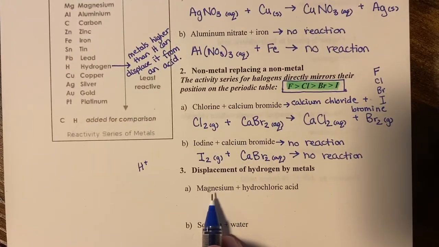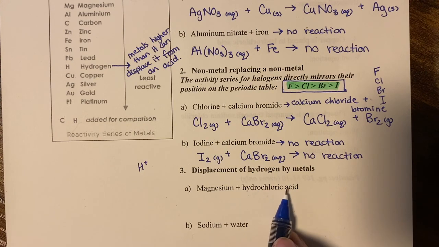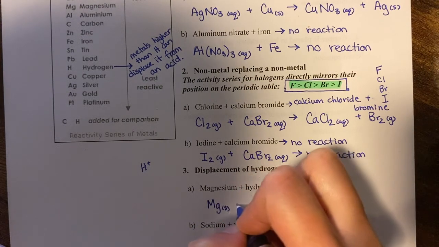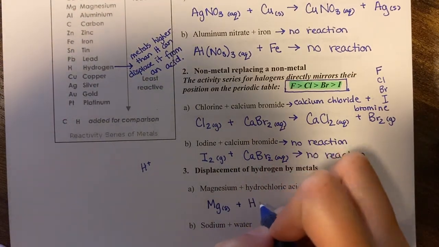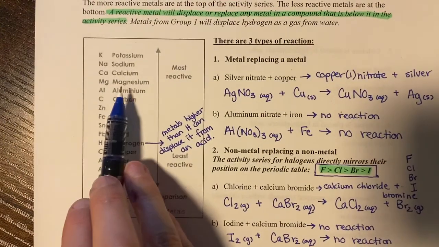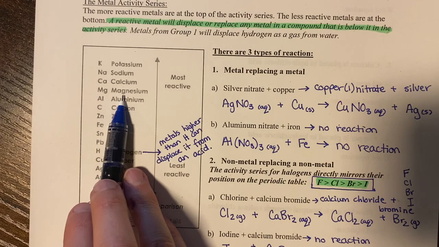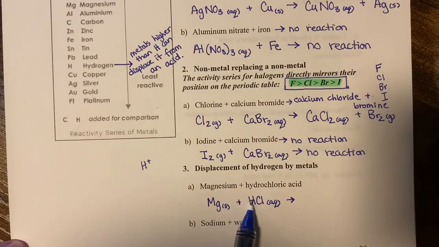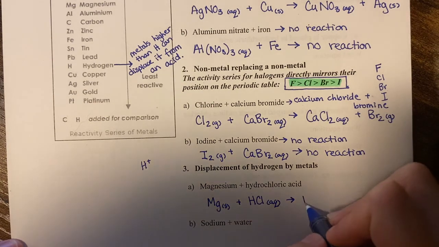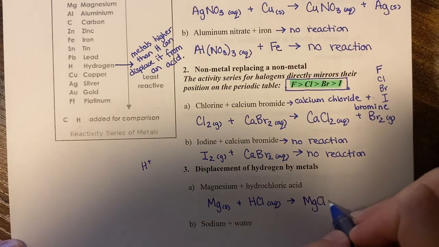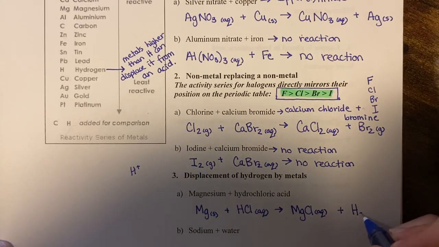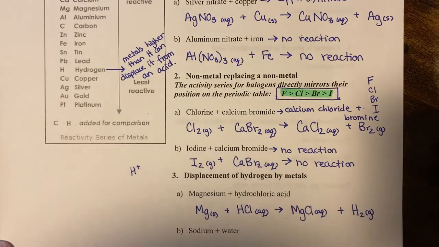So here's an example of one of those. So magnesium plus hydrochloric acid. Magnesium on its own is just Mg solid. Hydrochloric acid is HCl. Acids are always aqueous. Magnesium is higher than hydrogen on the metal activity series, so it's going to be able to displace that hydrogen out. So the magnesium replaces the hydrogen and we get magnesium chloride, aqueous, plus hydrogen gas, so H2 gas.